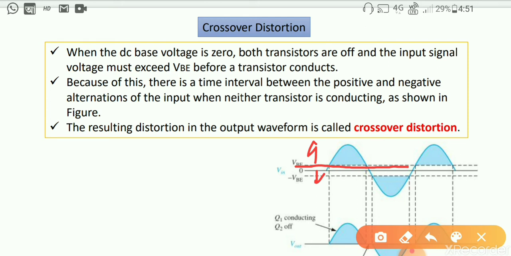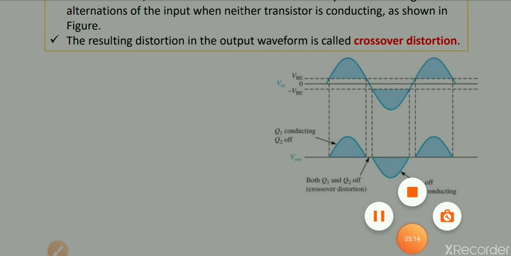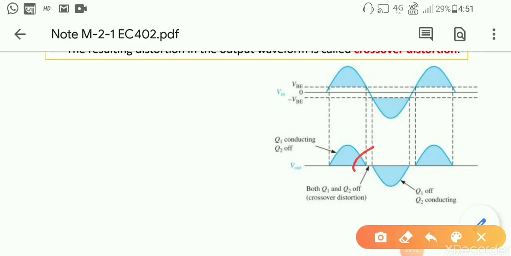If its value is less than minus VB, only then you get the output for the other type of transistor. In the combined form, if you look here, there is a condition where no output comes. If you consider this section where no signal comes out, this kind of formation is denoted as crossover distortion.